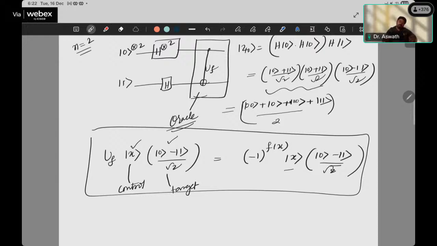Control and target both remain the same, but the earlier positive probability amplitude of the control, 1, has now become minus 1 to the power of f of x. That is the phase kickback. The phase is acquired due to the control and target. The top part, x, is the control part and this is the target part. Thanks for asking, Dr. Kupuswamy sir.